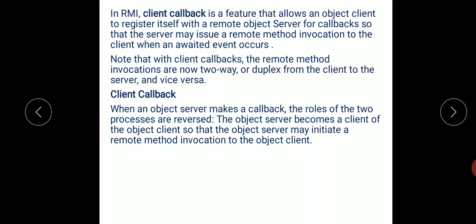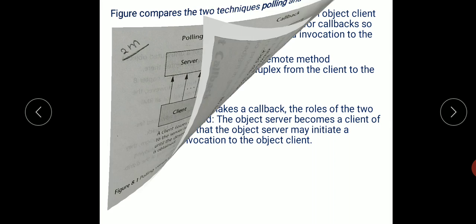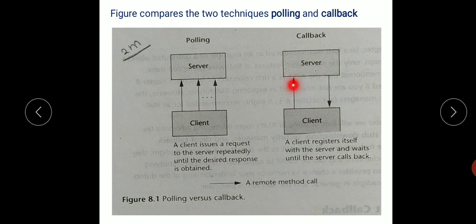It is two-way, that is, client to server and server to client. The client makes a method call to the server, and the server makes a method call to the client.